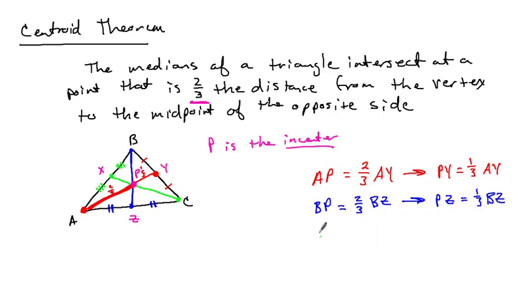And the last one we have is CP, and that is 2/3 of CX, and also PX is 1/3 of CX. Okay, it might seem like a bunch of gibberish right now, but the problems are really easy. I'll show you in class how to do a few of them.